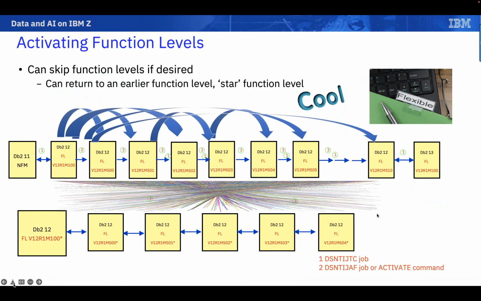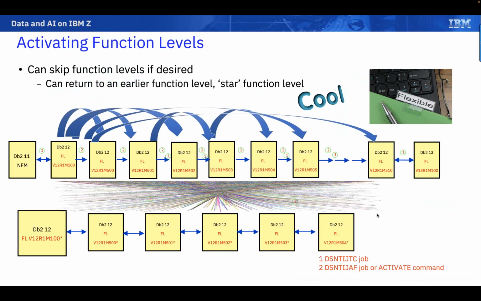Okay, so for activating function levels, this is kind of a busy chart now that we have up through 510 and into version 13. I wanted to give a visual for everyone to look at for how we move from one function level to the next. So on the upper line of the yellow boxes, we go from left to right, from version 11 all the way up to version 13.